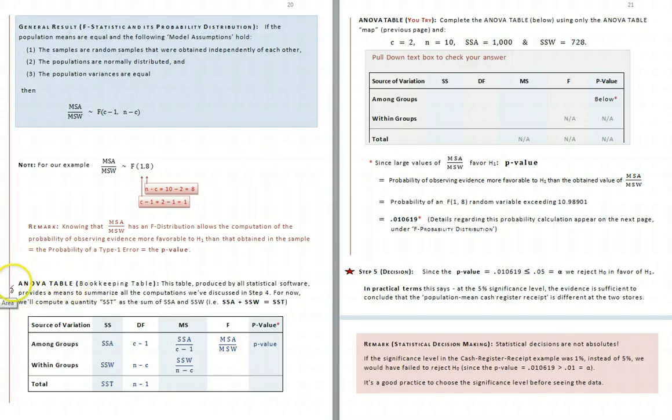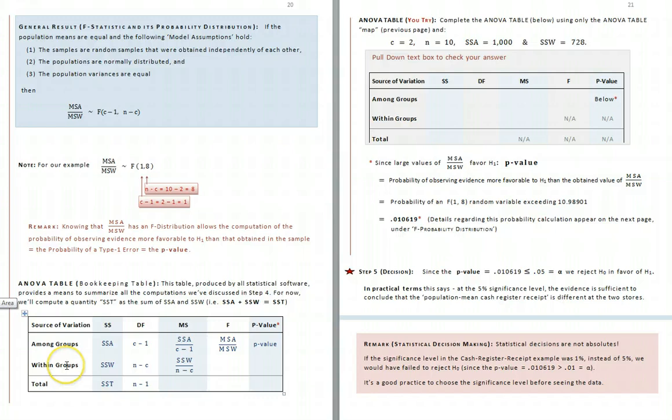It is important for us to understand the entries on an ANOVA table. It's simply a table that allows us to keep track of all the quantities we've computed along the way. In the extreme left column, we put down our sources of variation. Among group variation, for example, our sum of square measure of that is SSA.